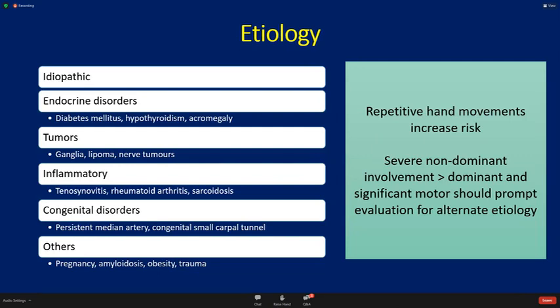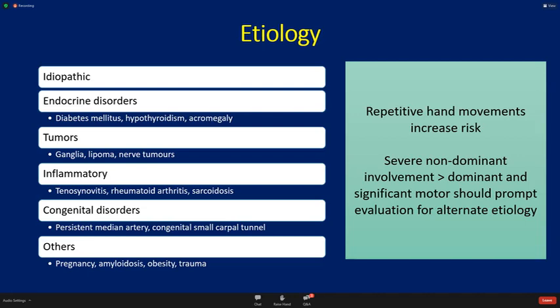The most common etiology is idiopathic, or rather it is due to repeated compression due to the maneuvers of the hand. But you would be looking for a coexistent diabetes mellitus or hypothyroidism or acromegaly. Inflammatory disorders of the joint like tenosynovitis or arthritis can produce carpal tunnel syndrome. Pregnancy is another condition which commonly predisposes to carpal tunnel syndrome.